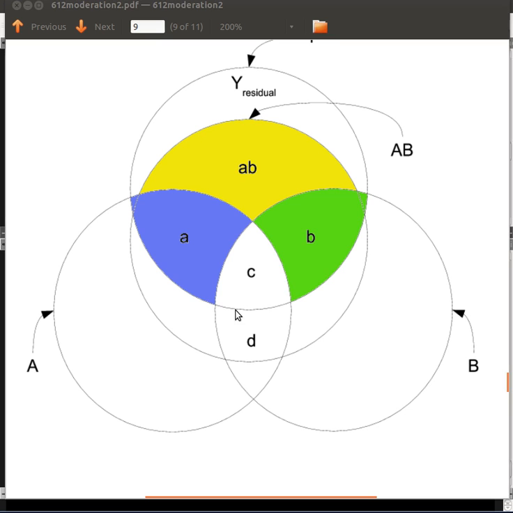Now you notice that the interaction does not get the C part that is not attributable to A and B, because we are partialing out the variance that's attributable to both A and B before AB, the interaction, takes place.